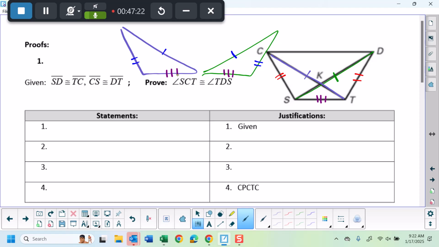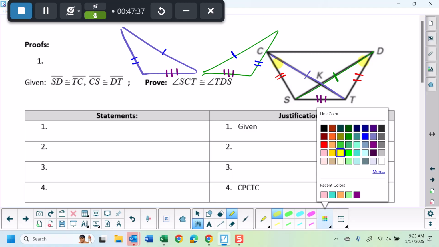Now let's talk about what I'm trying to prove. I need to prove that angle SCT is congruent to TDS.